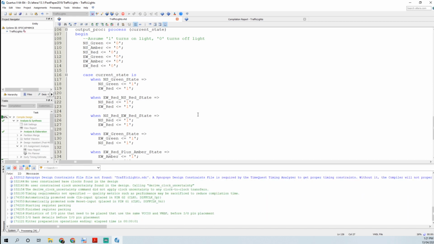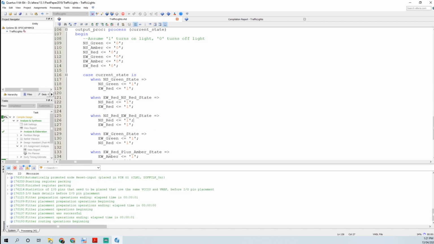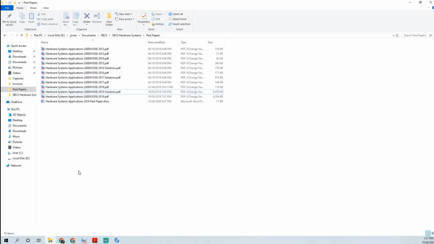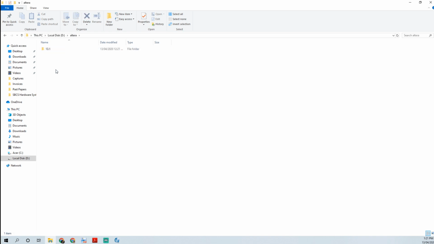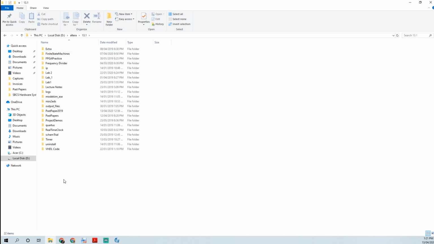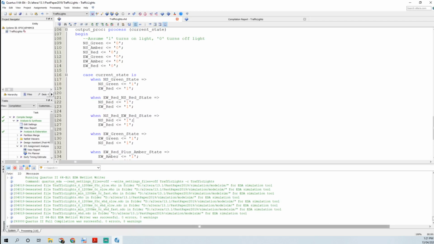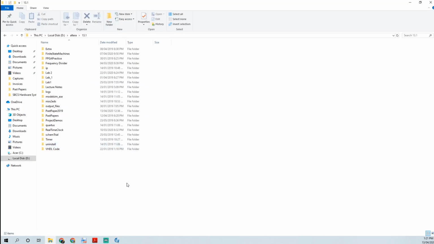So what you do now in a case like this is if you are writing code like this and you are required to upload those code files for examination, you would have to navigate to the folder that you created the project in, which is why I always specify when we're creating a project, always create a new folder to hold all of that code in.